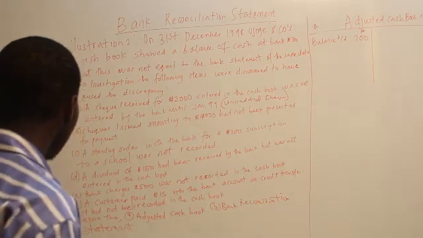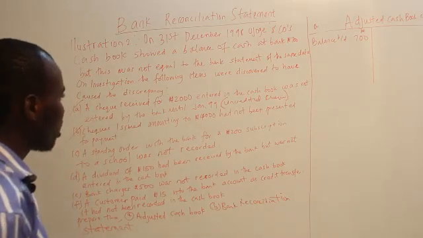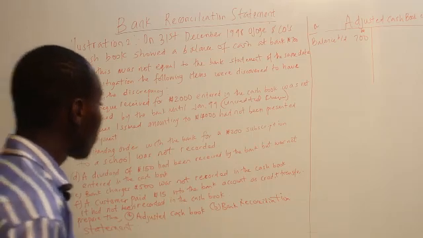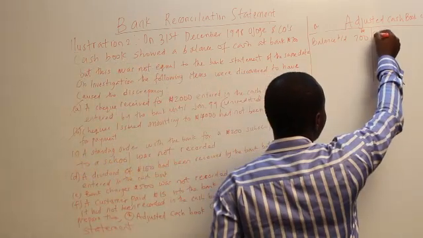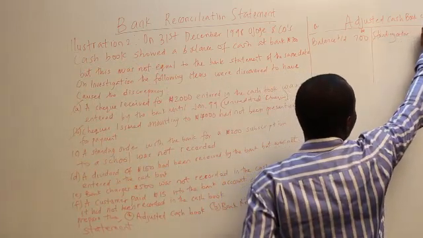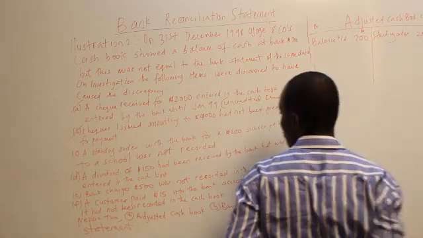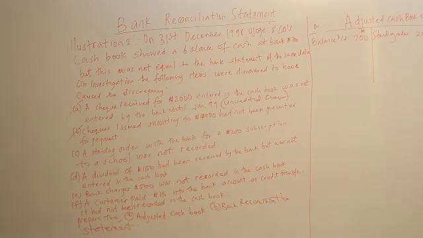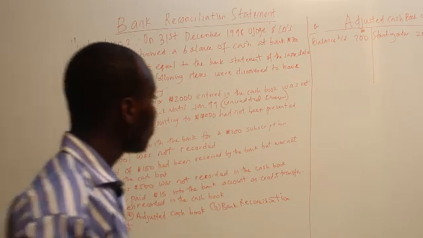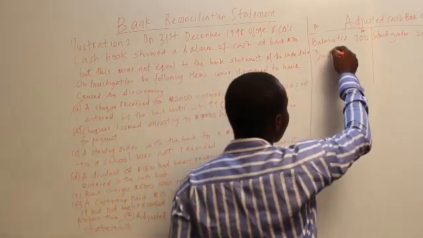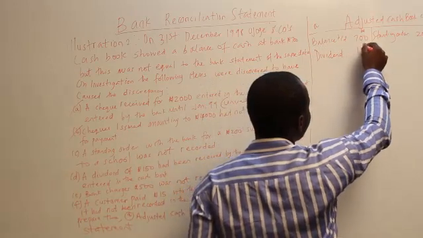The next thing we have is a standing order with the bank for 200 naira for a subscription to a school, which was not recorded. So we have the standing order on the credit side, 200. Next, a dividend of 150 naira has been received by the bank but was not entered in the cash book, so we update the cash book with the dividend, 150.